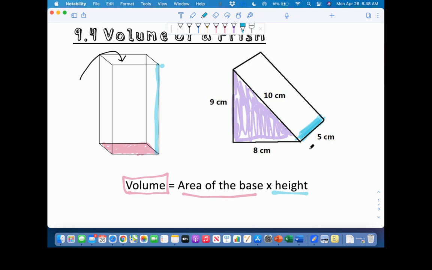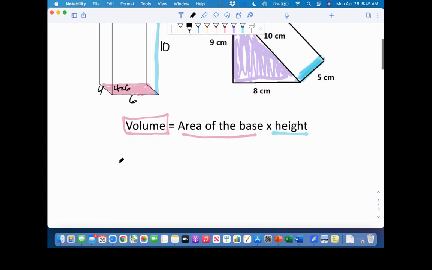Well, let's take a look up here, and let's just say we had some dimensions here. So let's say we had 4, 6, and 10. The volume would take the area of that base. The area of this base would be 4 times 6, so that's 24.